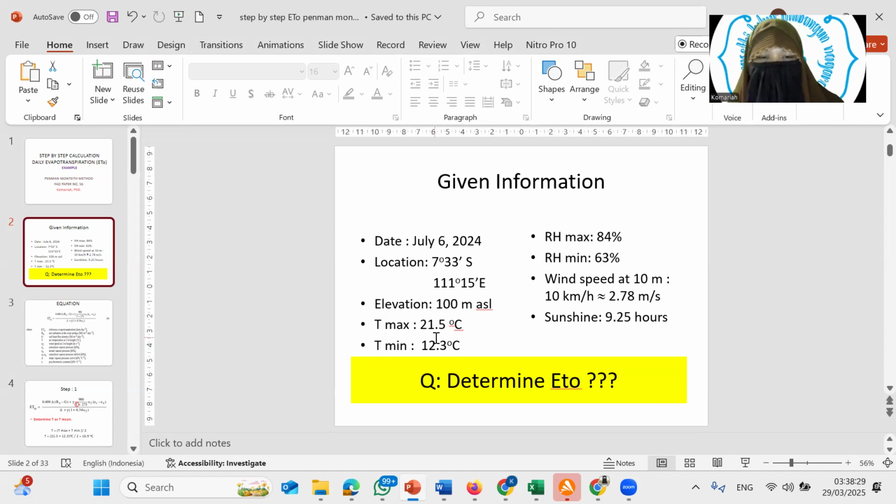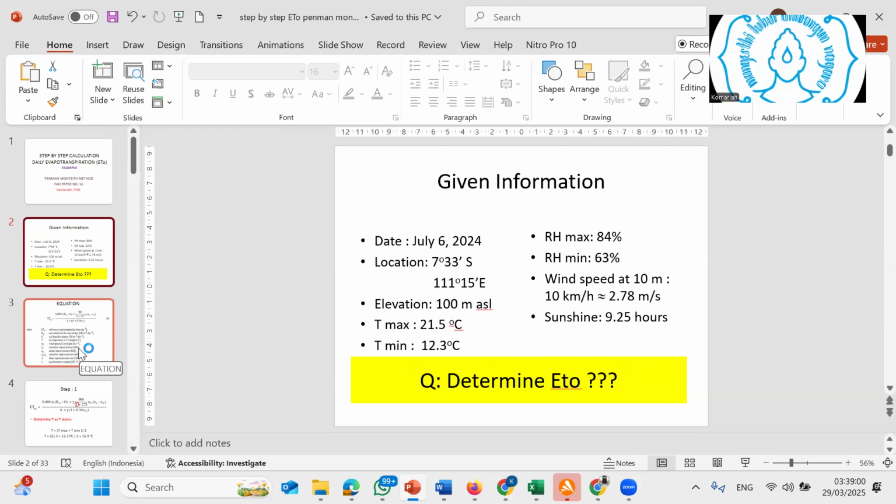Minimum temperature is 12.3 degrees. Maximum relative humidity is 84%. Minimum humidity is 63%. And then the wind speed is 10 kilometers per hour. And then the sunshine radiation, 9.25 hours. So from the given information, the question is to determine the reference evapotranspiration.